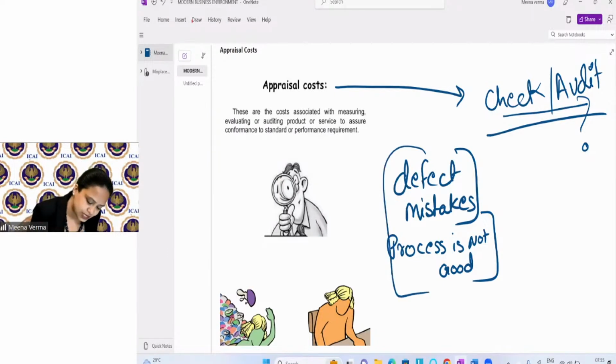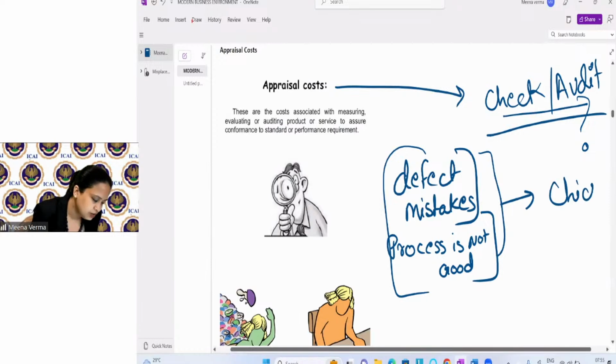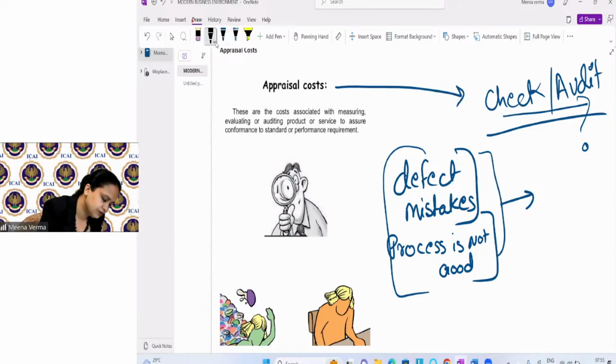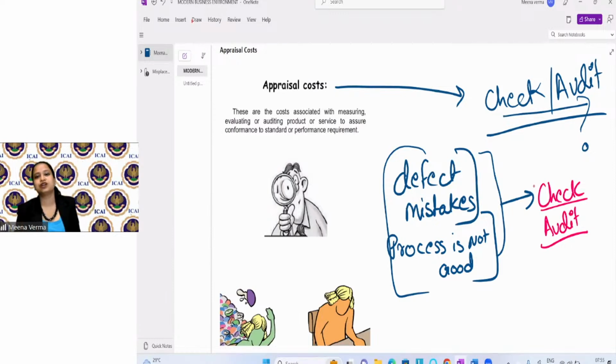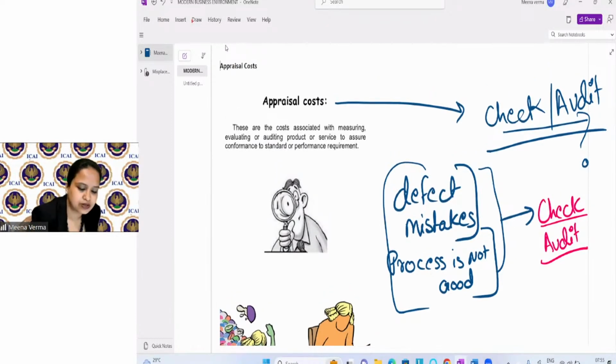When you know all these things are happening in the company, then checking is required to cross-check whether you are producing the right product or not. Auditing is required. So checking and auditing is required when you know that you are producing defective units. That means we have learned about the appraisal cost.